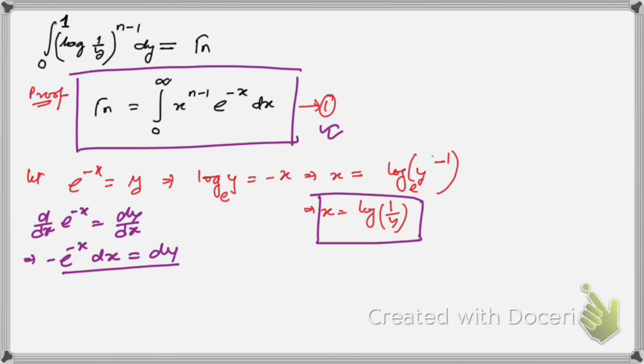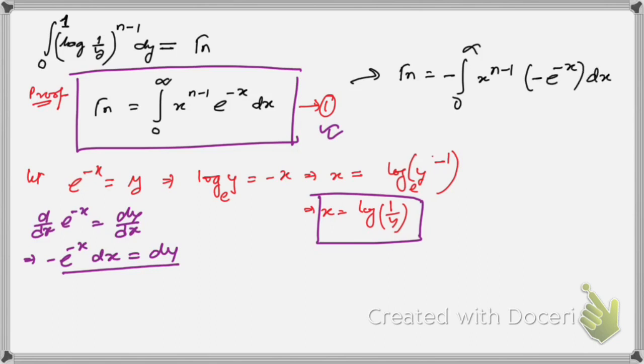So then here you can see from this equation number 1 that gamma n can be written as, since there is a minus sign, minus integration 0 to infinity x to the power n minus 1 into minus e to the power minus x dx.